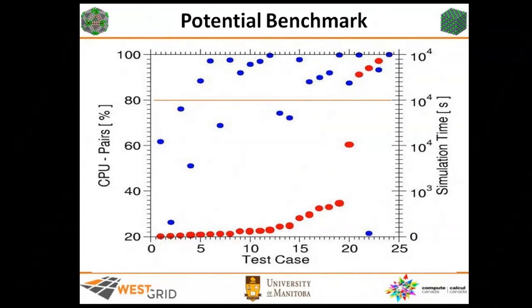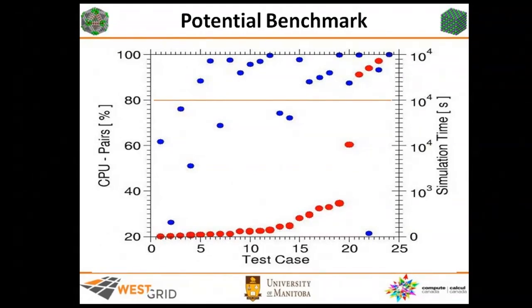So in this plot, for example, I have something like 24, 25 test cases I took just from the examples directory. I just ran them for a short time, 1,000 steps, just to see the time used to compute the pair interactions.